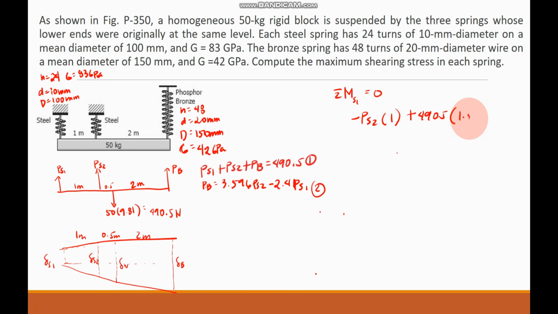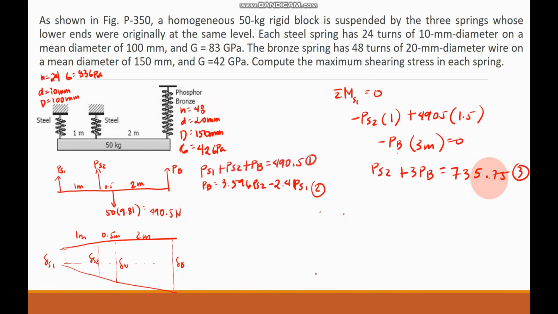Moment arm is 1.5 minus PB of 3 meters is equal to 0. So, simplify pa natin. So, magiging PS2 plus 3 PB is equal to 735.75. So, ito na yung magiging equation 3 natin.